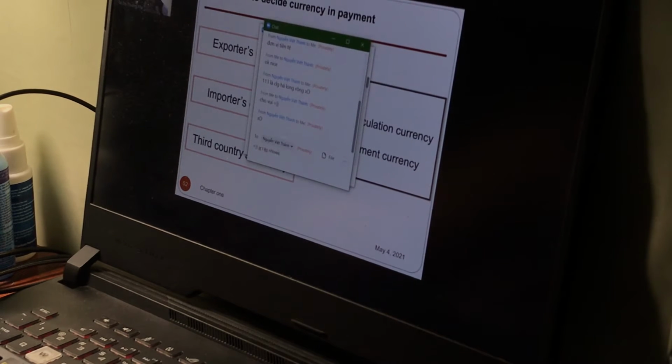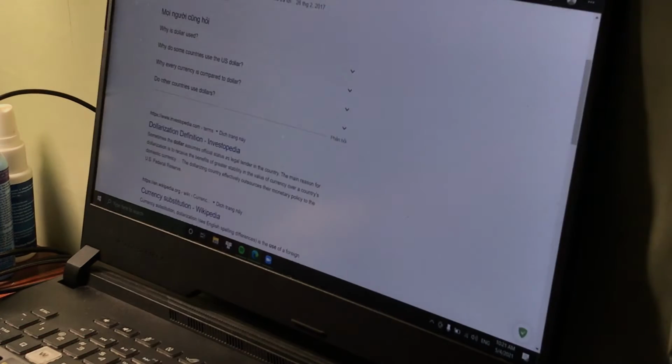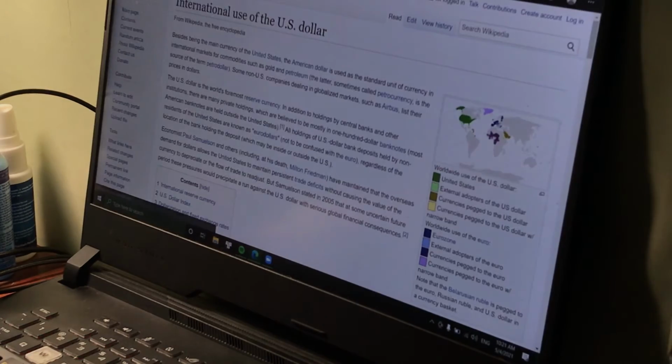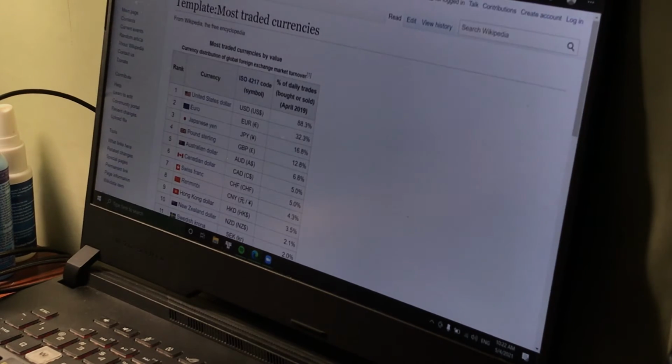Okay, you said currency of French. What about the currency code? Currency code. For example, VND is the currency code of Vietnam.